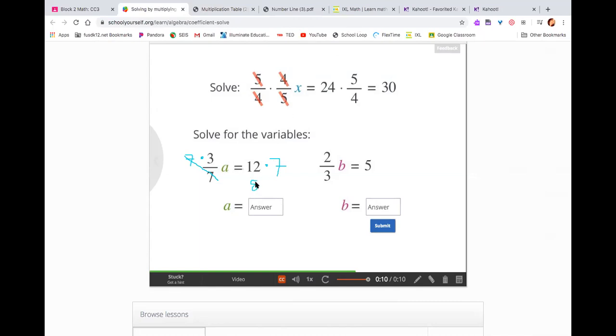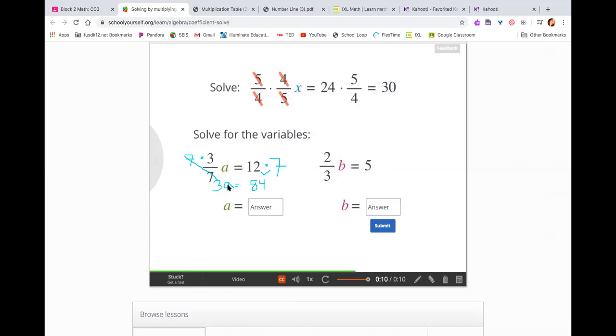So now I have 84 equals 3a. Again, like I was saying yesterday and on previous days, notice how I line everything up in the same order. So the a's are together, the equal signs together, and the numbers are together. Okay, helps keep me organized.